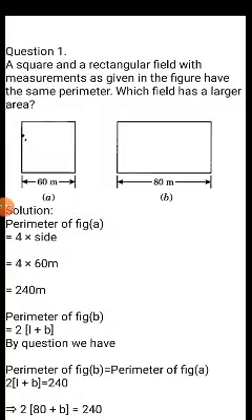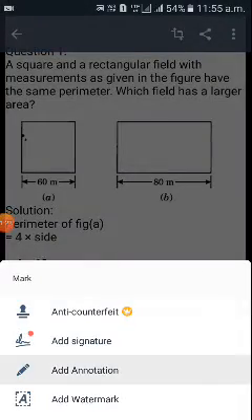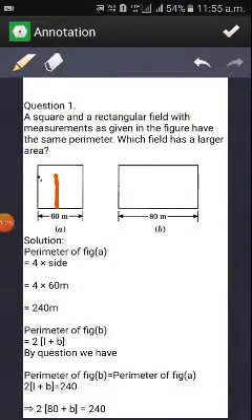We are given that perimeter of square is equal to perimeter of rectangle. We are required to find which field has a larger area, this square or this rectangle.